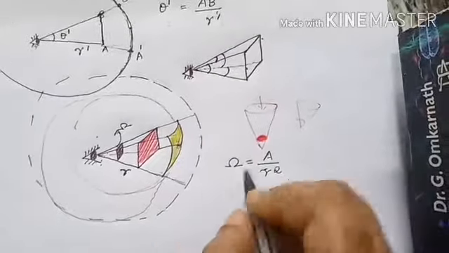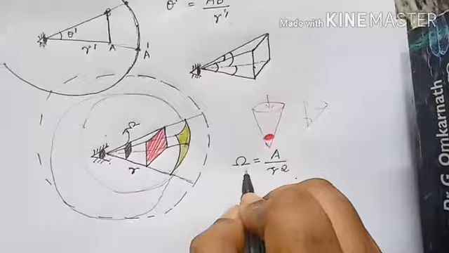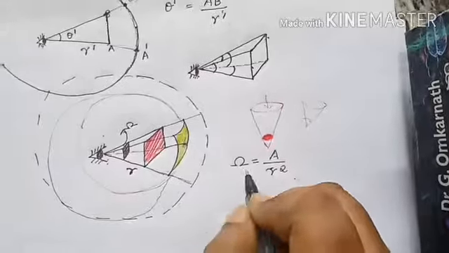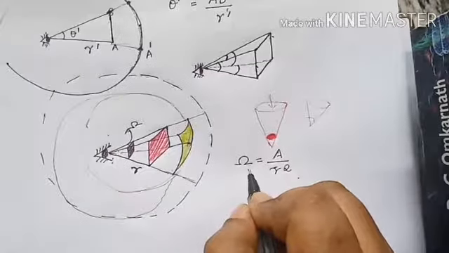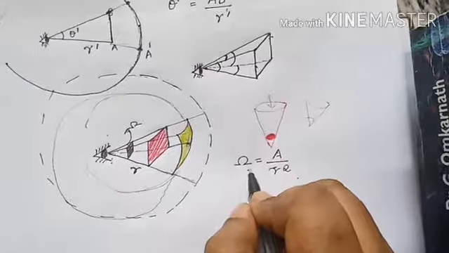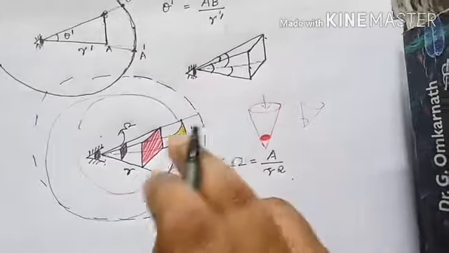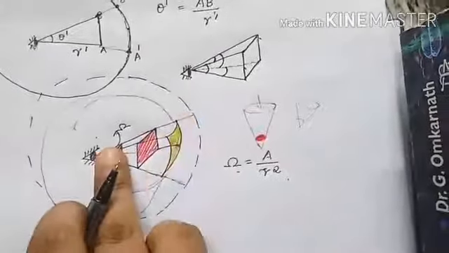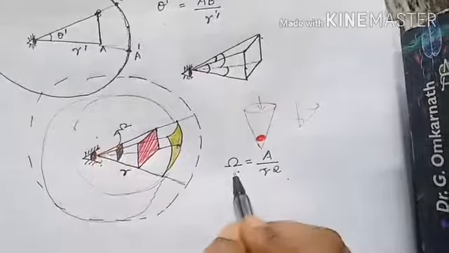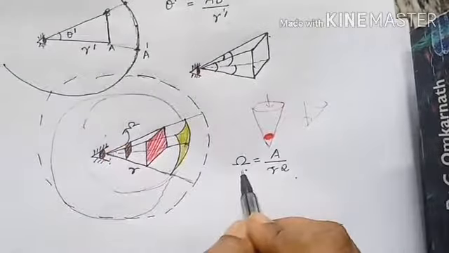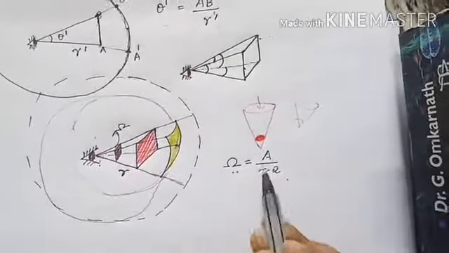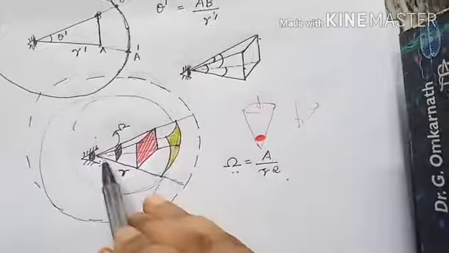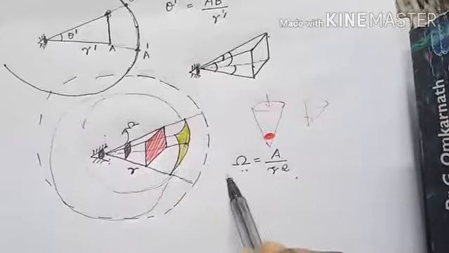So what is the definition of solid angle? Solid angle is actually the angle projected by a three-dimensional object towards your eye. Clear? So that is the angle, and the equation is the area of that projection divided by the square of the distance between the projection and your eye.